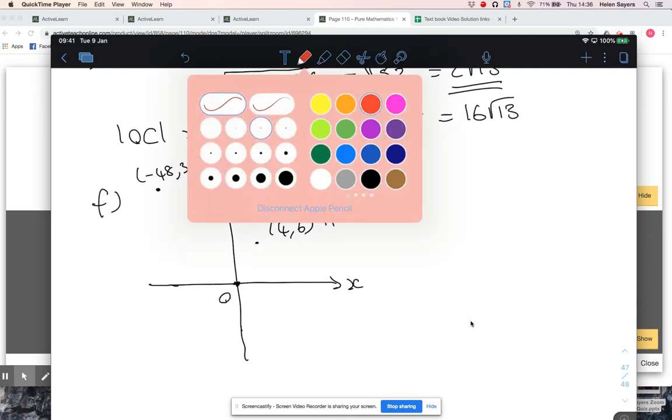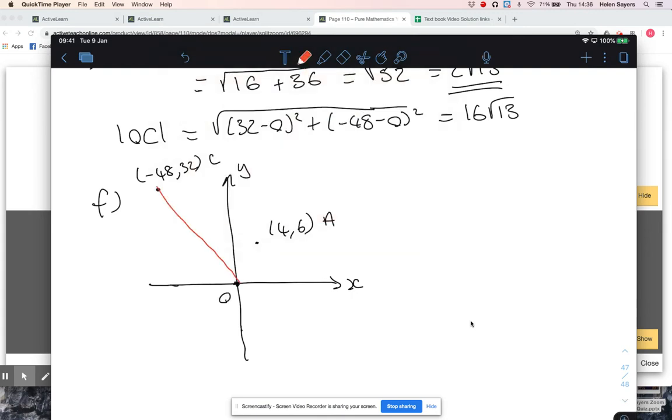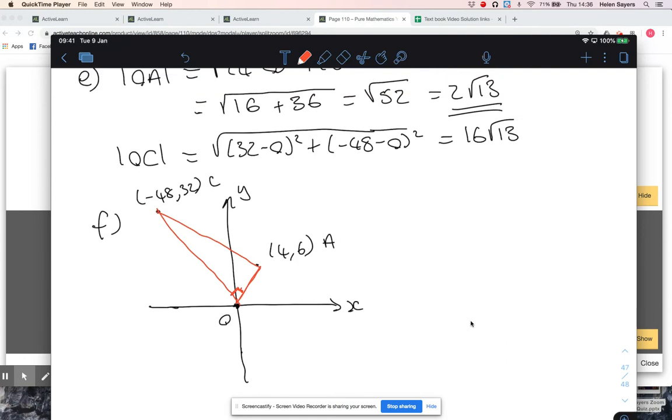What they've been building up to is we've shown that they are perpendicular, so we know we've got a right angle there. That's the triangle they want the area of. We've just worked out that OA is 2 root 13 and OC is 16 root 13. Since they're perpendicular to each other, they're my base and my height.